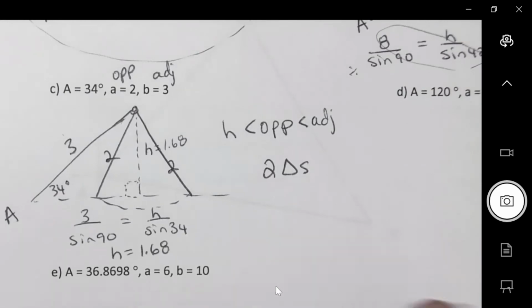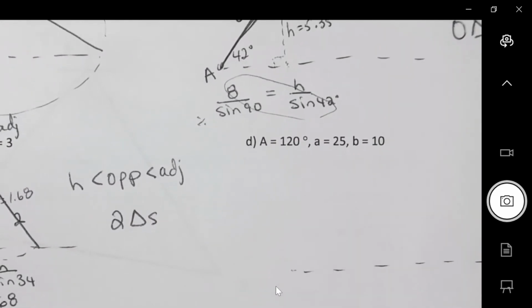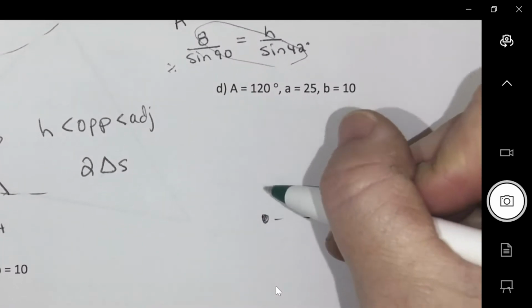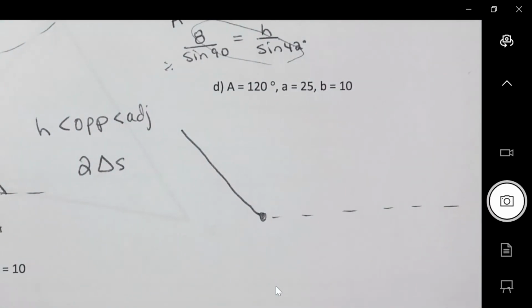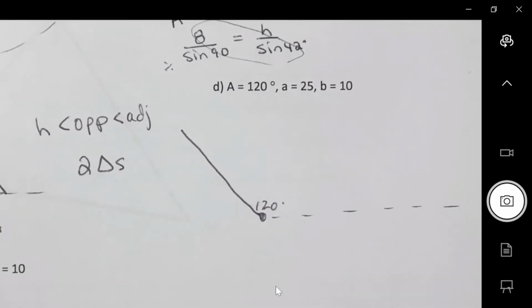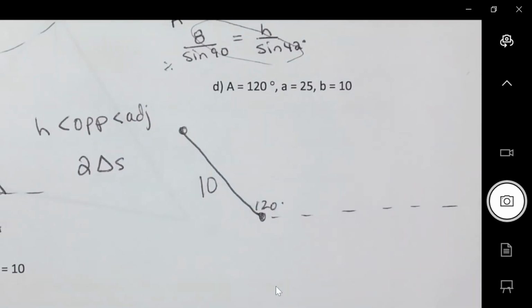Okay, D. So here's our unknown side. Ooh, this time our angle is 120. So how do we draw an angle of 120? So 120, now we're doing an obtuse. The adjacent side is 10.